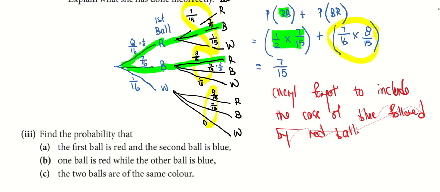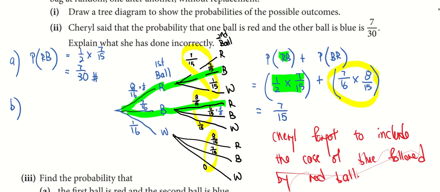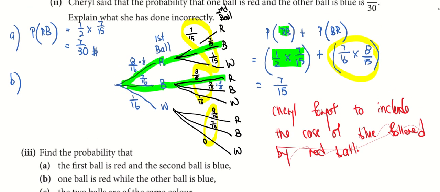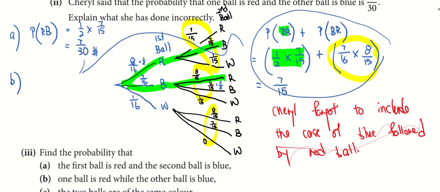First part straightforward. First ball is red, second ball is blue. Go for the stem. One red while the other one is blue. Can be the case of blue-red, which is the case of what we did earlier on. So I'm just going to use my answer from here to write over here for part B. Alright, because it's basically the same working. So no need to redo everything.